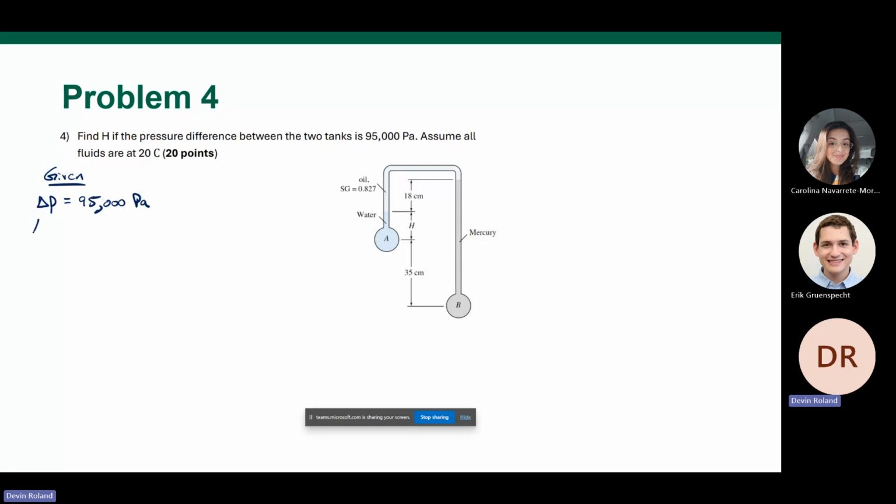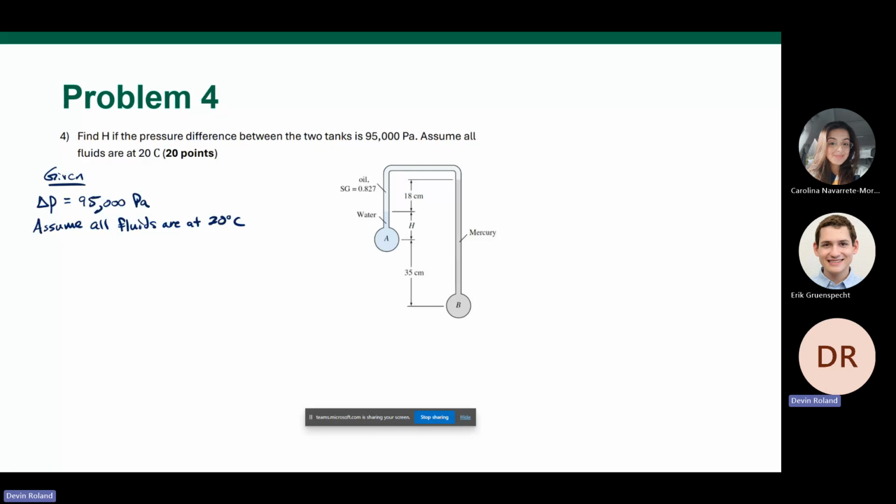And it says to assume that all fluids are at 20C. That is because of the table we're going to use.